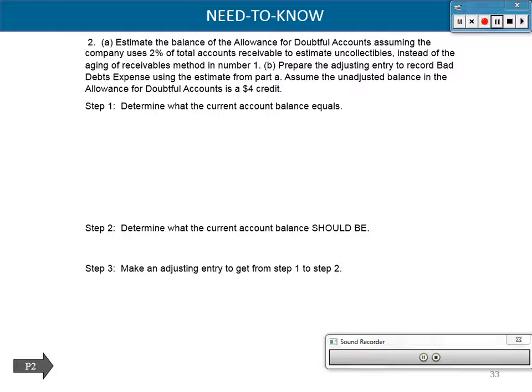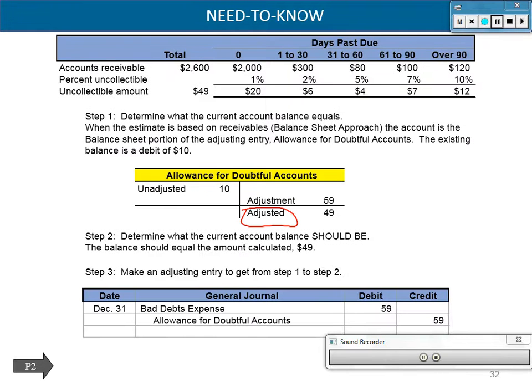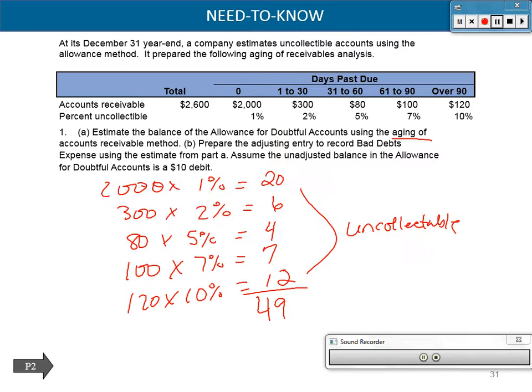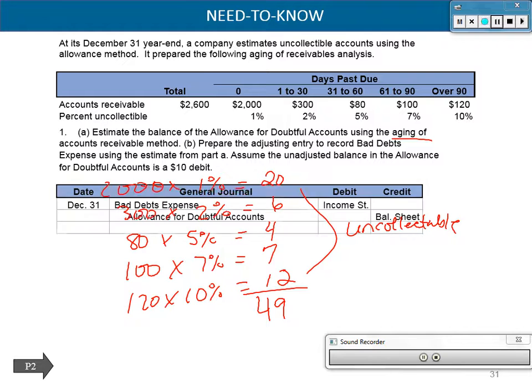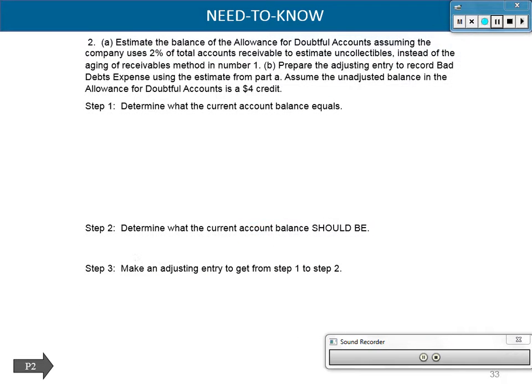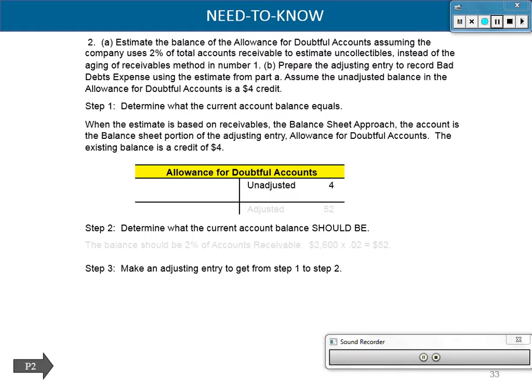Which is how much? We said use the previous balance. What's previous? Previous balance. 2,600. So you know the adjusted is there for $4, right?